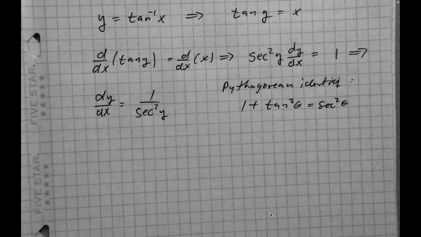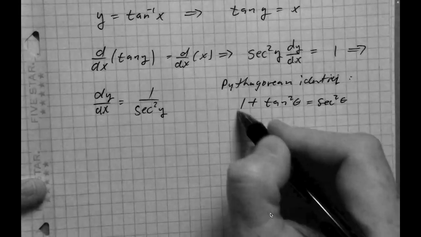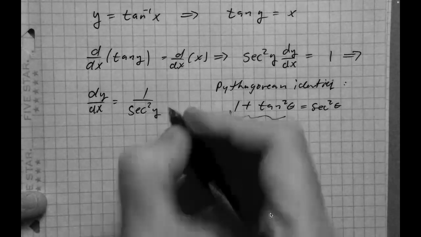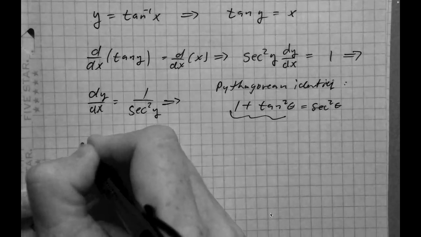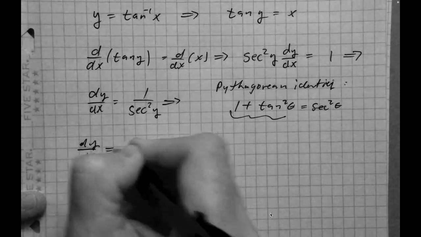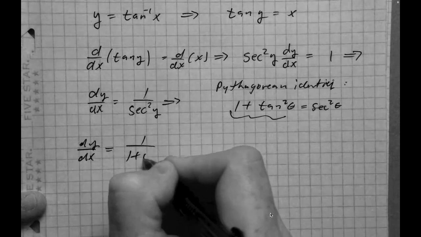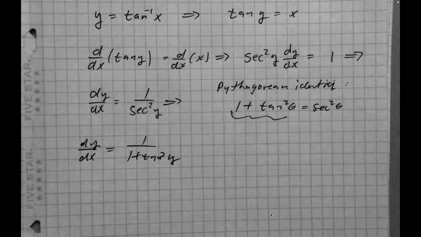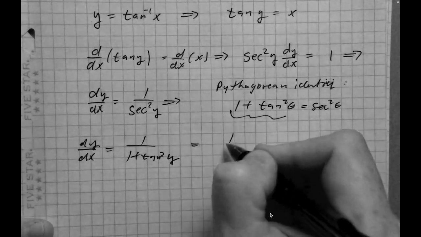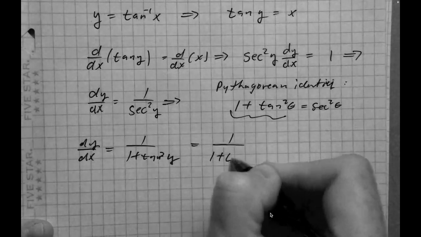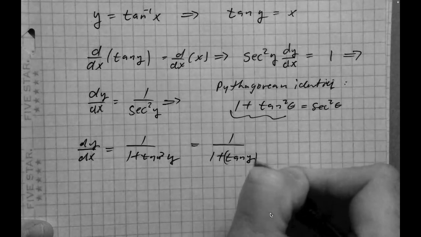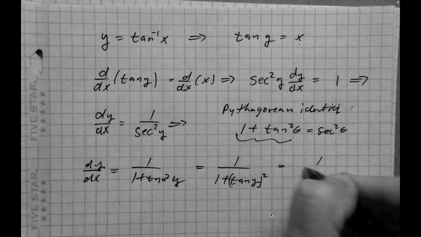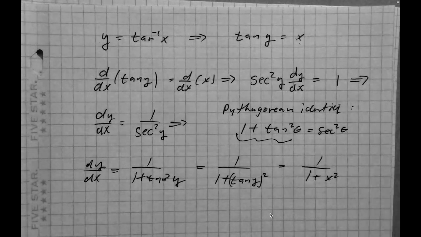Okay, so it looks like that. And so here we can see that this guy here can be rewritten like this, 1 over 1 plus tangent squared y, right? And again, I would say it's instructive to just write it like this, 1 plus tan y quantity squared, and then we can see that that's just 1 over 1 plus x squared.